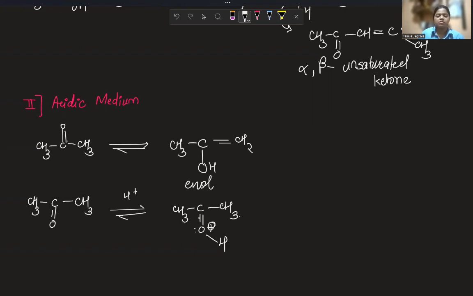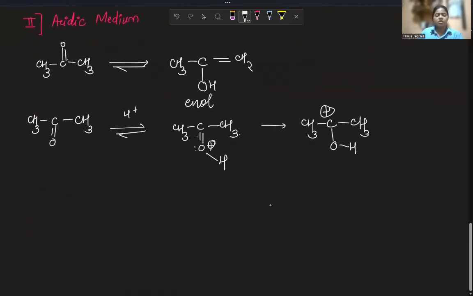Again, this oxygen extracts the lone pair from the pi bond to form carbocation. In the next step, we can write here the enol, and here the carbocation.